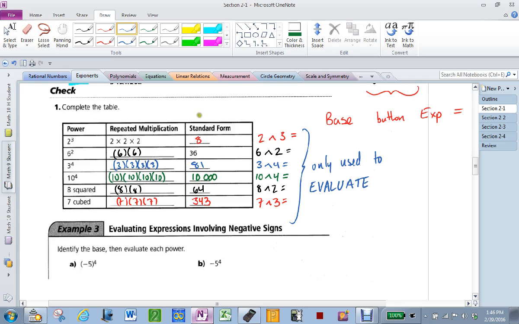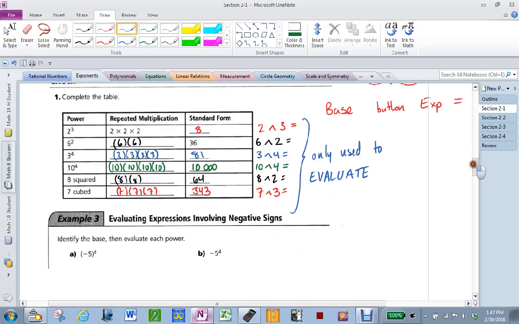This standard form, or evaluated, is the only time I want to see it. Otherwise, I want you to leave it in power form. Even if you were doing BEDMAS? No, because in BEDMAS, you're trying to get a value at the end. Understand? Yes. Okay.